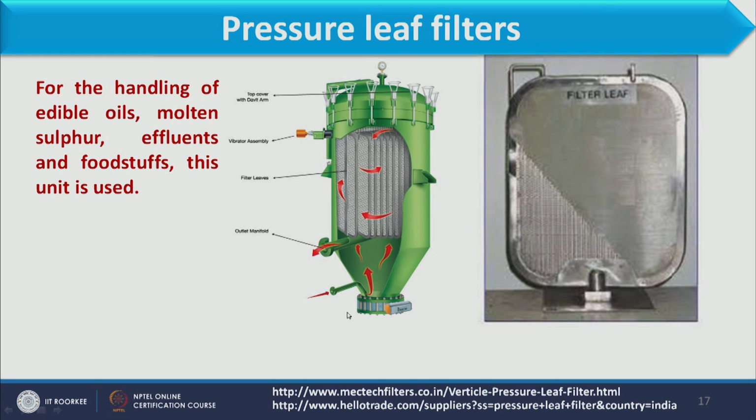Now what happens? Feed enters from the bottom and it passes through these leaves. So if we have this particular leaf, feed enters from both sides. After continuous operation, when feed enters from both sides, at both surfaces of the leaf cake formation is carried out, and then the filtrate will be collected in between the leaf. Consider that a single leaf has many layers of mesh wire.